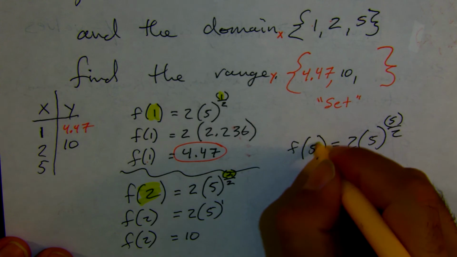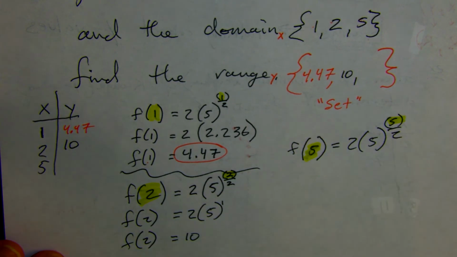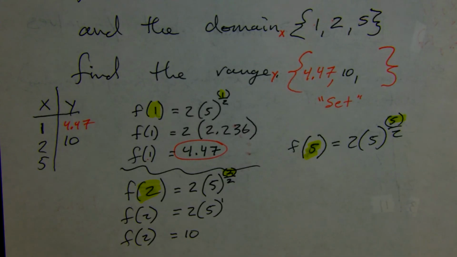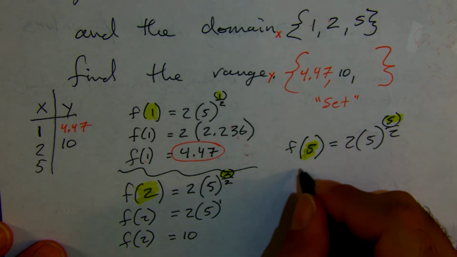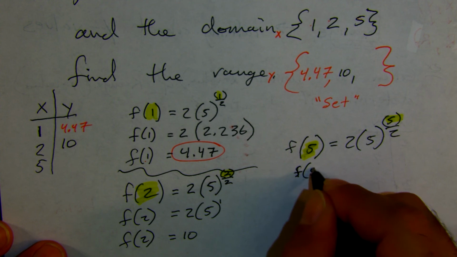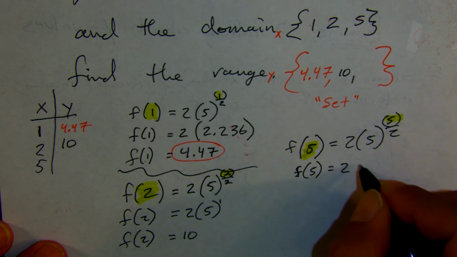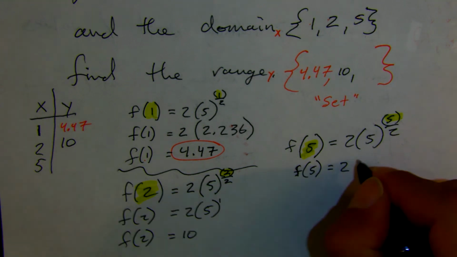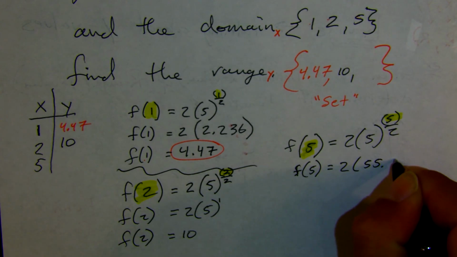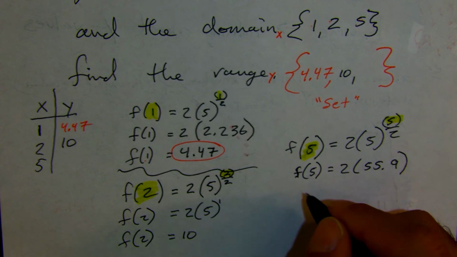F of 5 is equal to 2 times 5 raised to the 5 halves. What did function notation help us do? If you're forgetful, it helps you remember what you're doing. You plugged in x equal to 5, and you ended up here. F of 5 is equal to 2 times 5 raised to the parentheses 5 divided by 2, 5 halves.